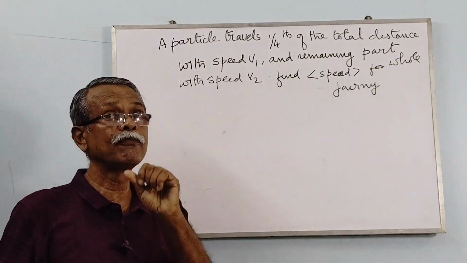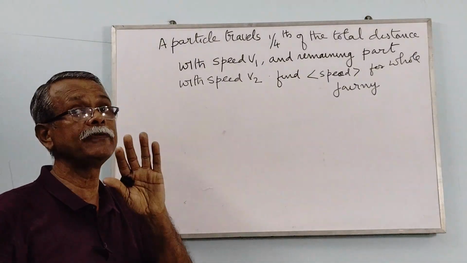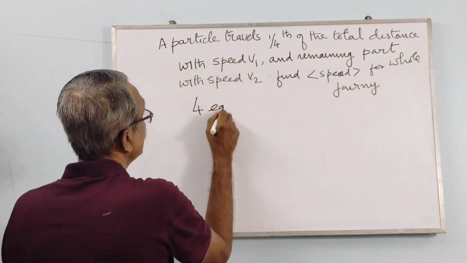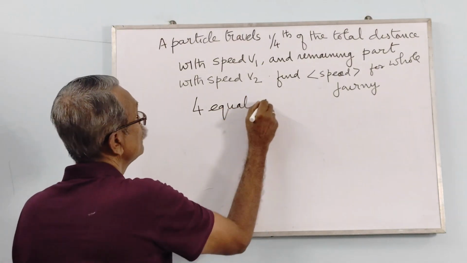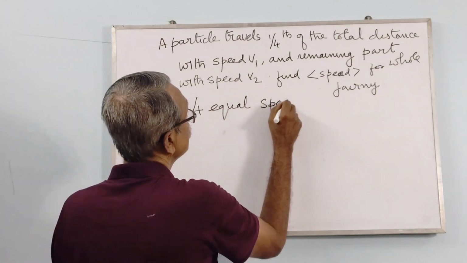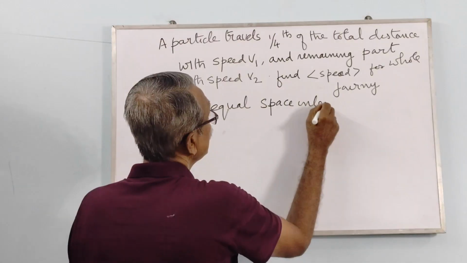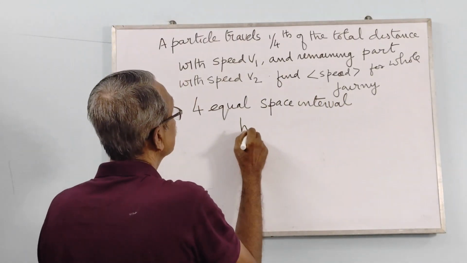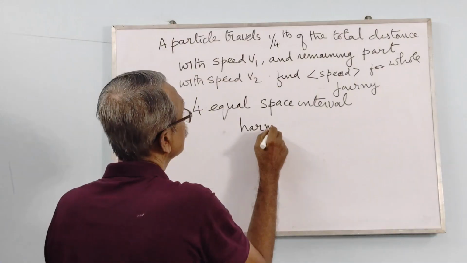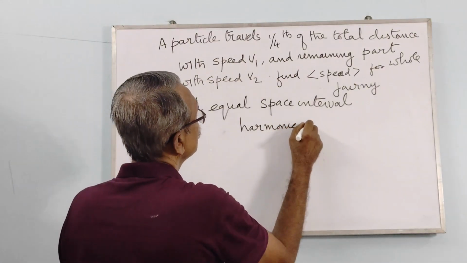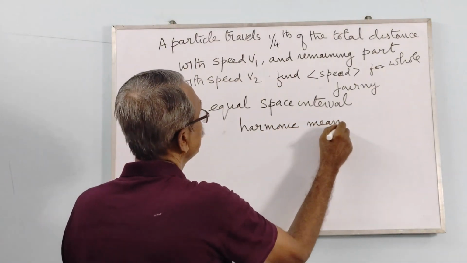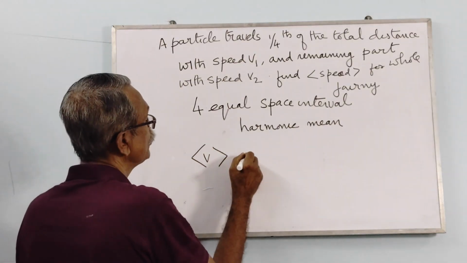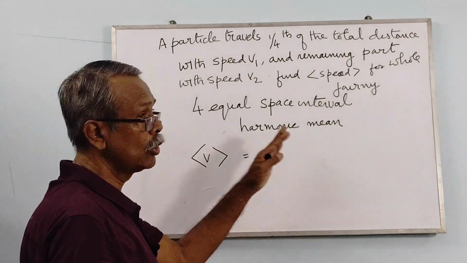So it will be 4 equal space intervals. When it is equal space intervals, you have to take the harmonic mean. So the average speed will be equal to the harmonic mean.